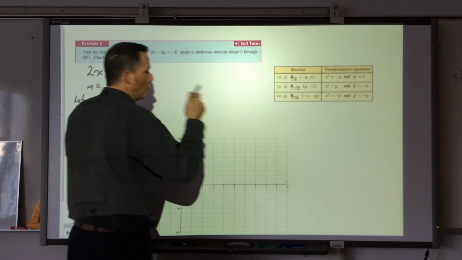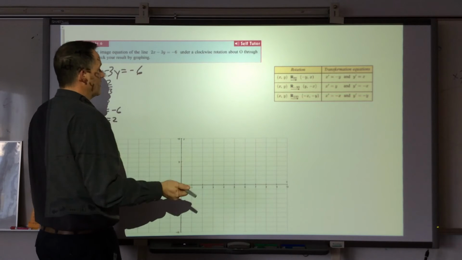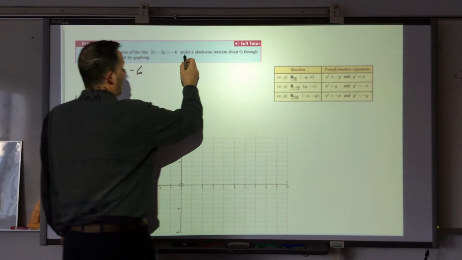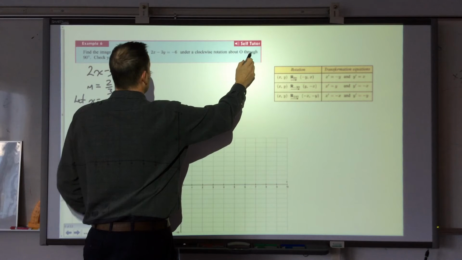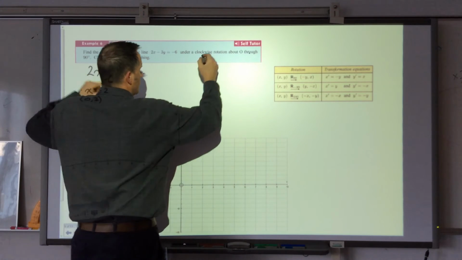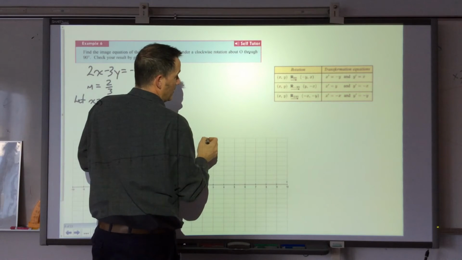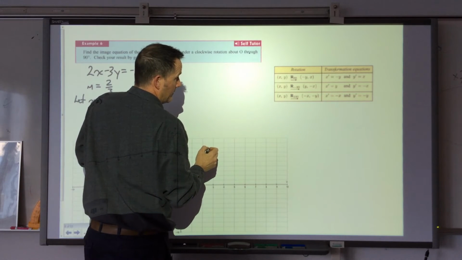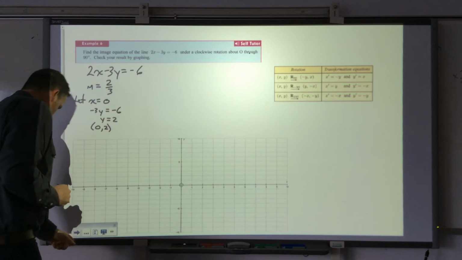Now we've got to figure out what our rotation equation is. So we're going to go under a clockwise rotation about the origin through 90 degrees. So clockwise is a negative rotation. So we go back just a sec.